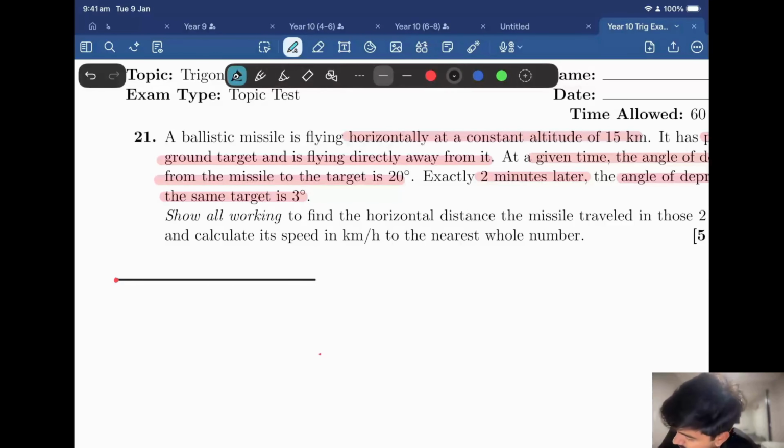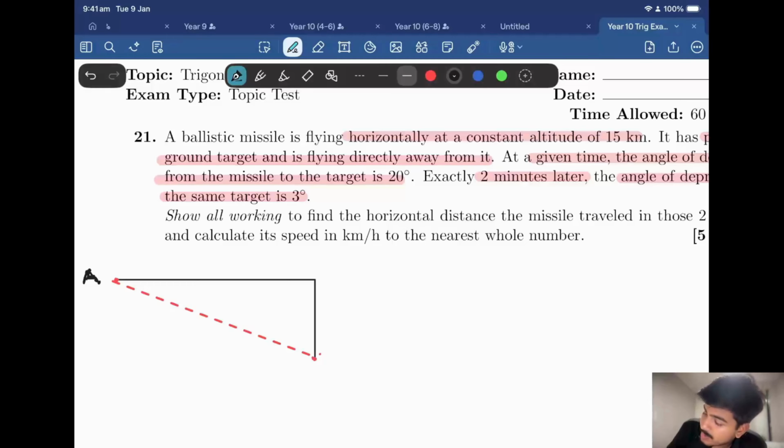So as you can see here, we form a right angle, right, where the target is here, right? So yeah, that is at point A, okay?